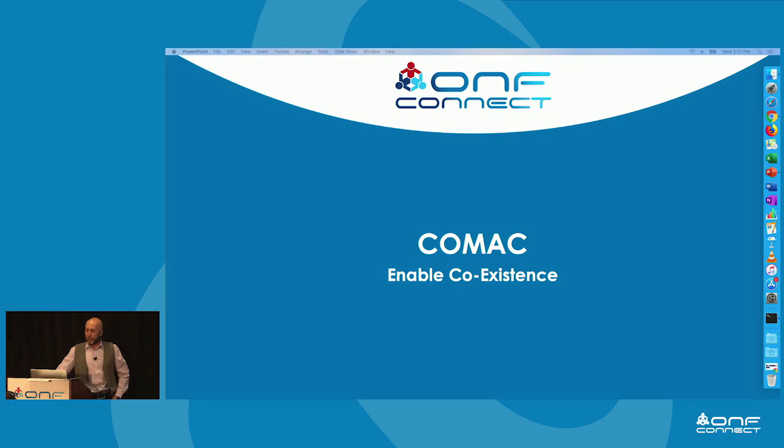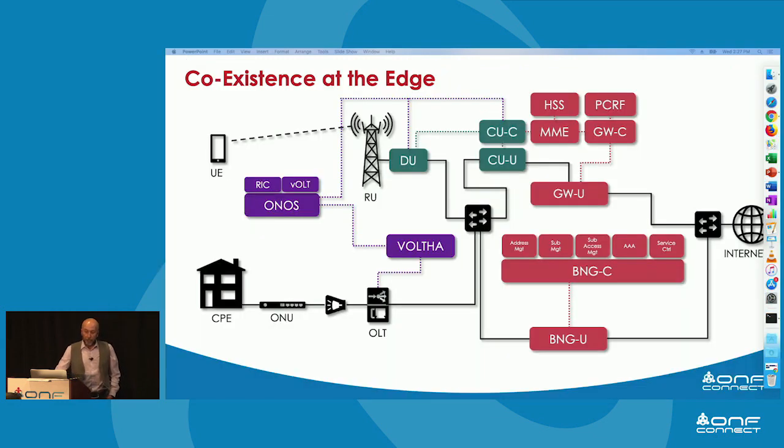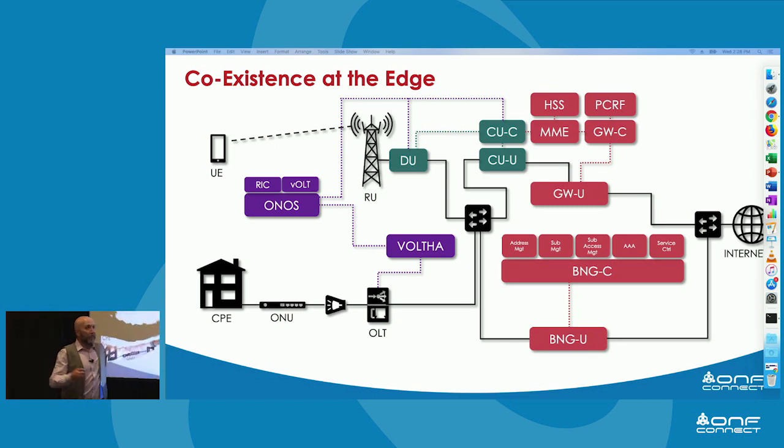Then we have to enable coexistence. So we need a common platform, and by that common platform, I mean the same cloud management platform, like Kubernetes, for example, the same hardware that, in a multi-tenant fashion, these access technologies share, and the same SDN control and the same fabric, clearly, that hosts all of these together, and both base stations and home subscribers are terminated at the same location.